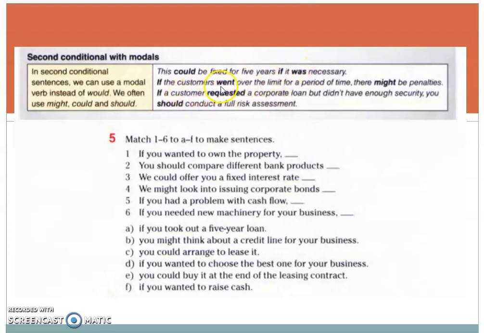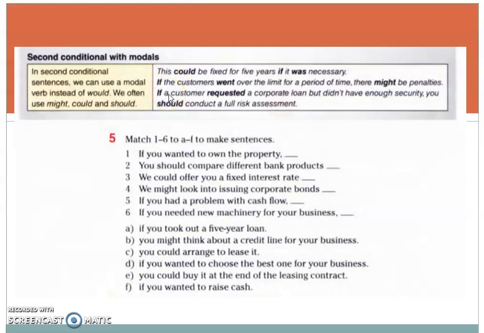If the customers went over the limit for a period of time, there might be penalties or fines. So this one is the modal, the past simple, conditional if.